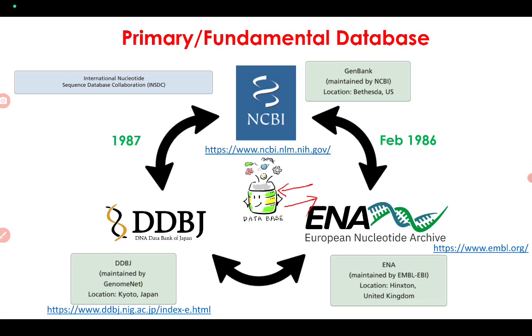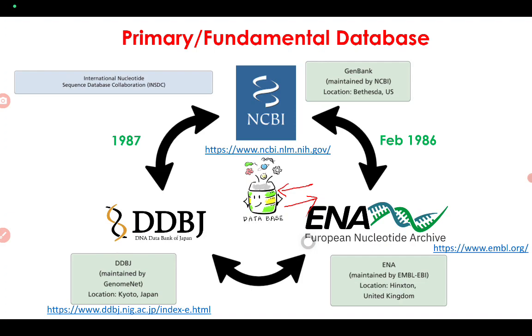Also, these are the websites by which we can see the web page, or you can say the home page, of this particular database, for example NCBI, EMBL, and DDBJ. One thing I also want to highlight is that, in the case of a browser, Chrome is a browser, the search engine is Google, and there are other search engines available like Rediff or Bing.